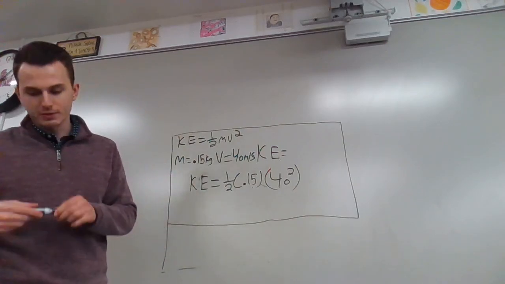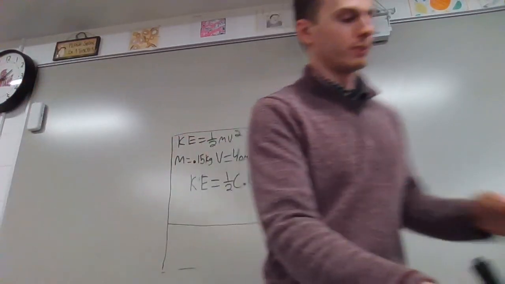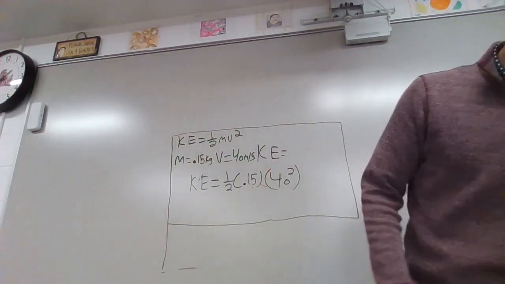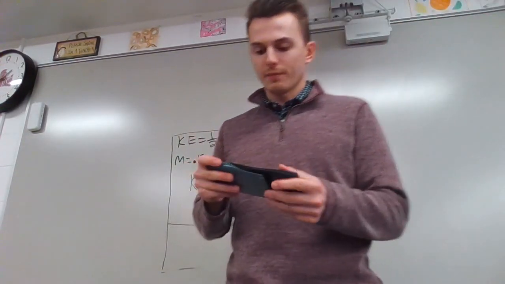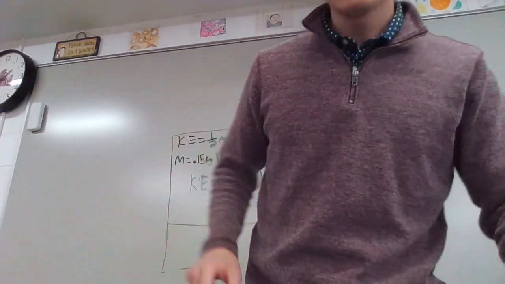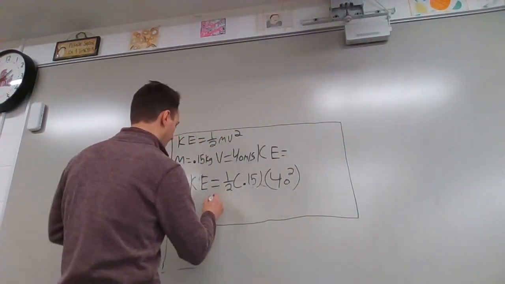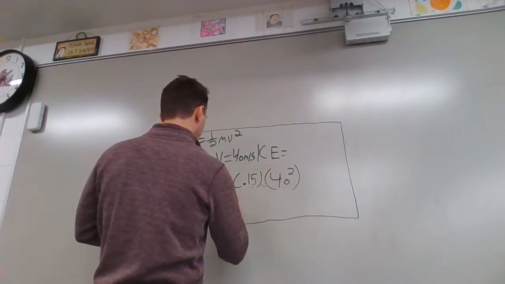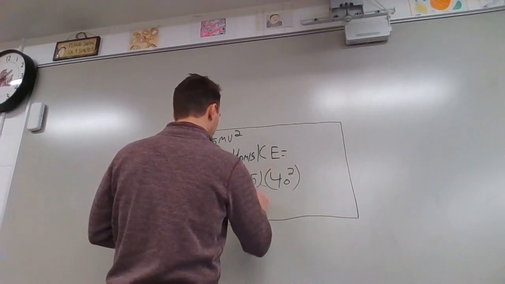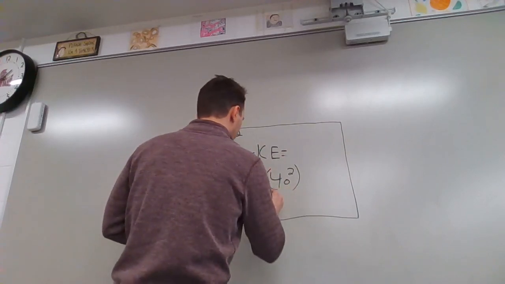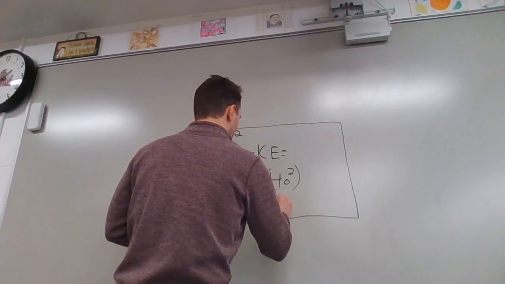If you were to plug 40 squared into your calculator, which I'm going to do right now, we should get, okay, 40 times 40, or 40 squared, same thing. You get 1,600. So now we have 1/2 times 0.15, and now this 40 squared is turned into 1,600.